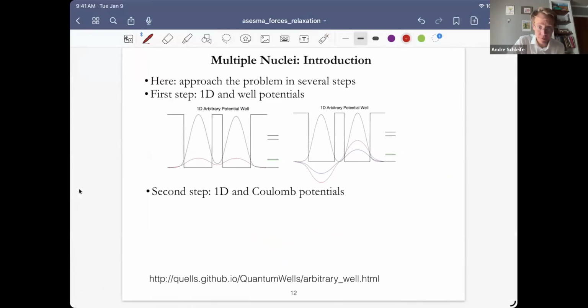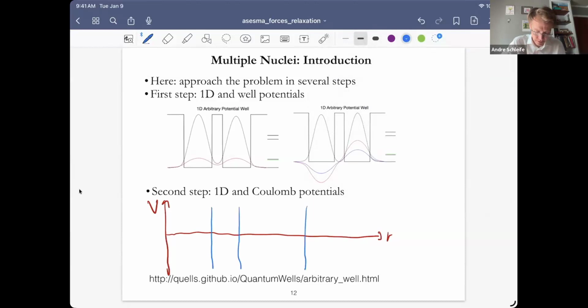So we have an x-axis here again, just like we did before. So this is our position. We have a potential energy, and then we have, so our wells, I can draw these wells real quick. We just drew them like this. So our infinite wells are something like this, and maybe like this. If you want to make it more exact and you want to look at Coulomb potentials, you now have Coulomb potentials. So our potential maybe is more like this.